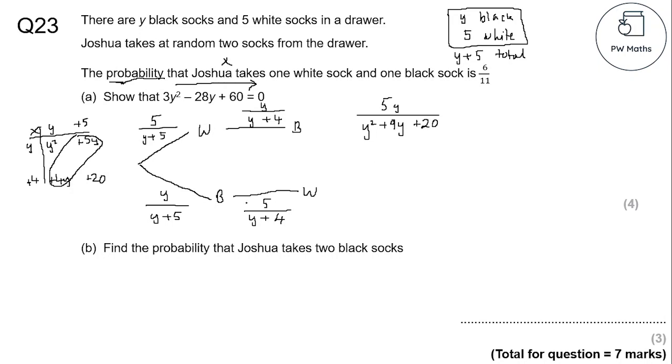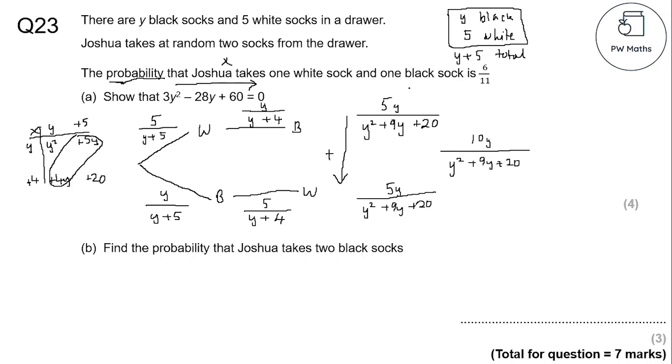And the same for the bottom one. y times 5 is 5y over y plus 5 times y plus 4, same sum, y squared plus 9y plus 20. As we go across the page we multiply, and as we go down the page we add, and quite nicely these are the same. So 5y add 5y, we get 10y over, please don't add the bottom fractions together, it's still y squared plus 9y plus 20.